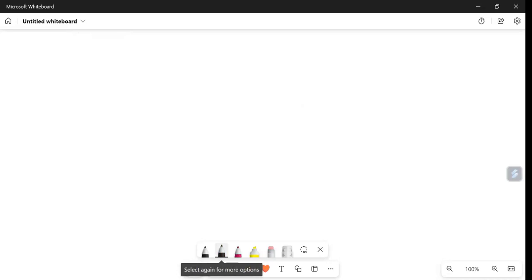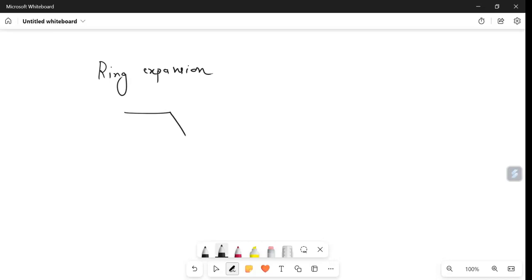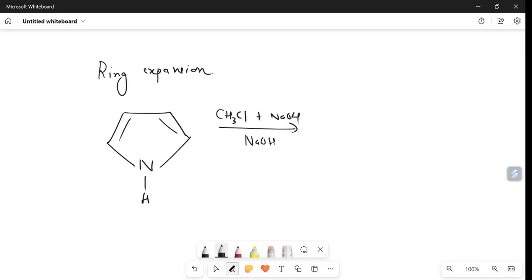The next reaction which we are going to discuss is ring expansion. Suppose you have this compound with NH. When it is treated with CHCl3 plus NaOH, it will give the compound. The ring expansion must be there, right?